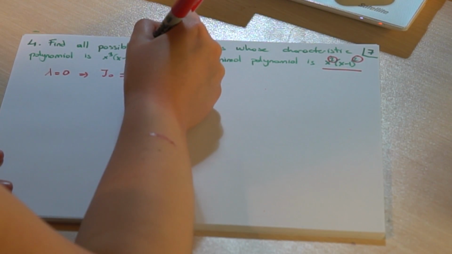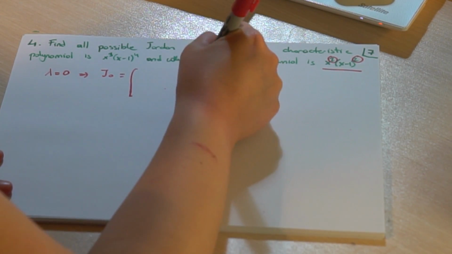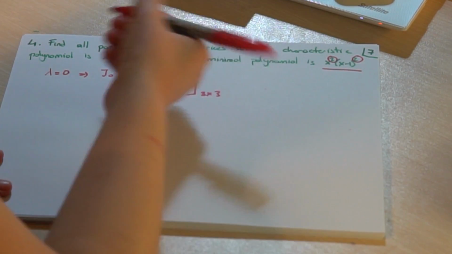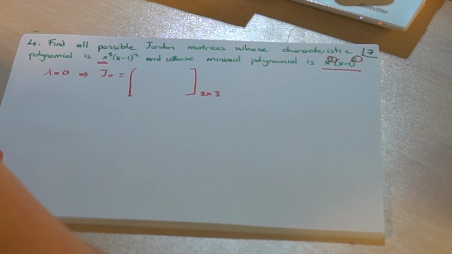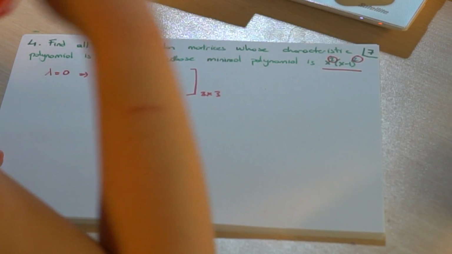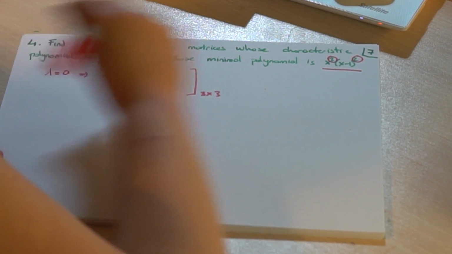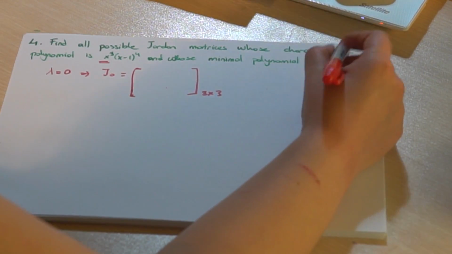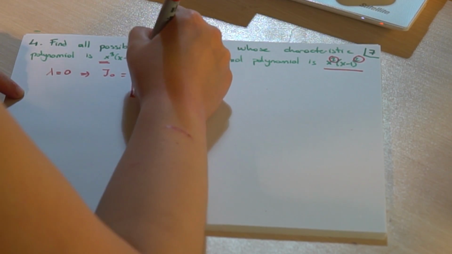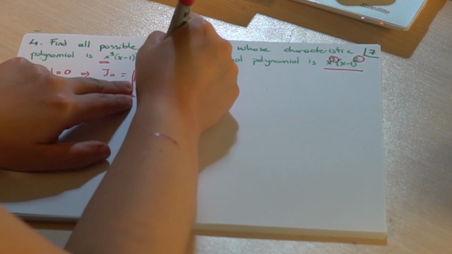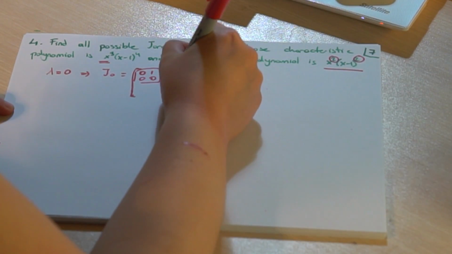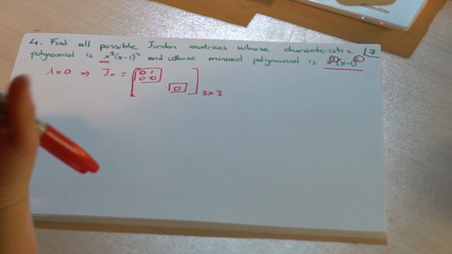The total must be 3 by 3, because in the characteristic polynomial we have x cubed. But the maximum size of the Jordan blocks is 2 by 2, since we have x squared. So we should have a 2 by 2 block with 0, 0, 1, and the third block will be of size 1 by 1, which is 0.